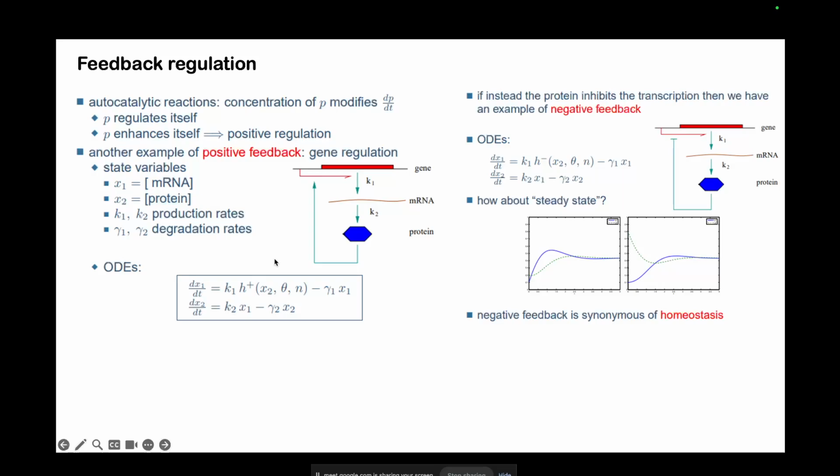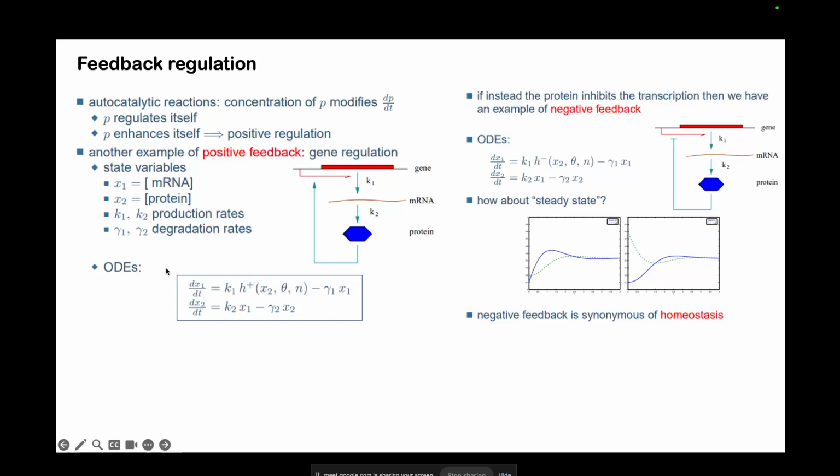If you just put it in the Hill function, you do not write the whole Hill function here. You write the parameters: what is your substrate, what is your parameter, and what is your n, whether it is positive or negative. So this is how the equations of both x1 and x2 will look. x2 is your protein that is getting formed, and x1 is the mRNA, right?